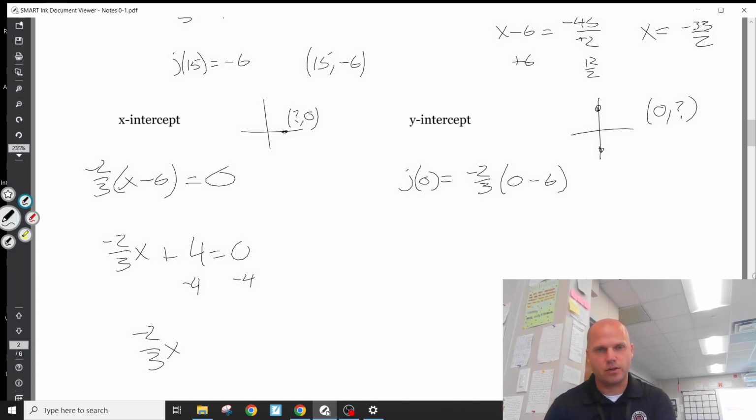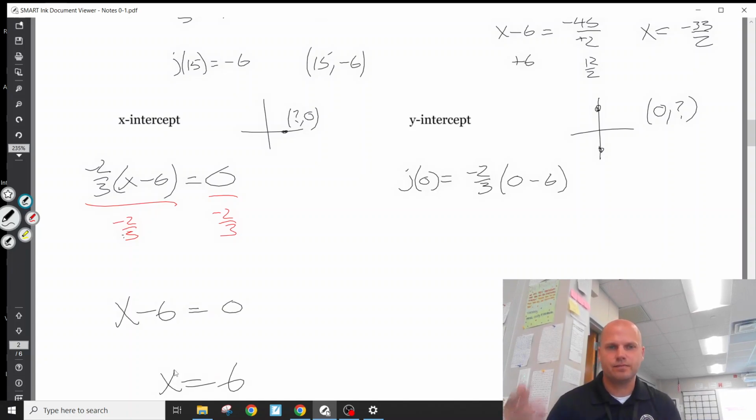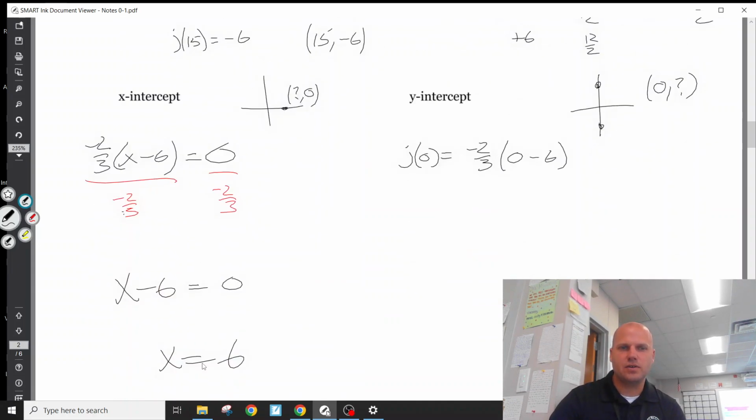You know, it's actually easier, watch. It's easier doing it the other way. Let's get rid of the negative 2/3. Maybe divide by negative 2/3 or multiply by 3 halves. Look at that. Add 6. Easy. Easy to do that without distributing.